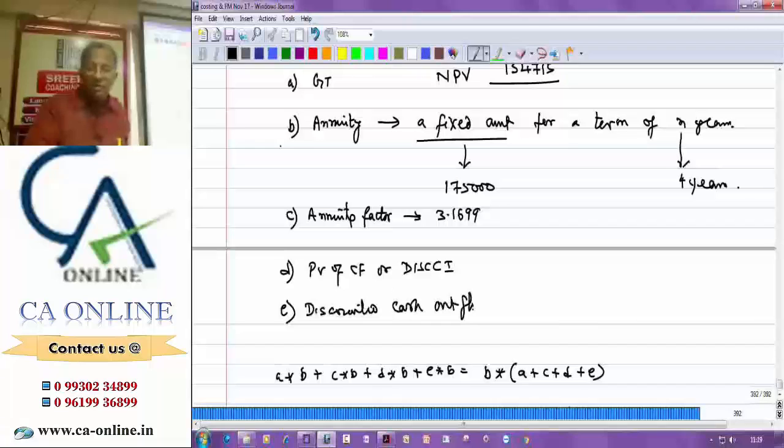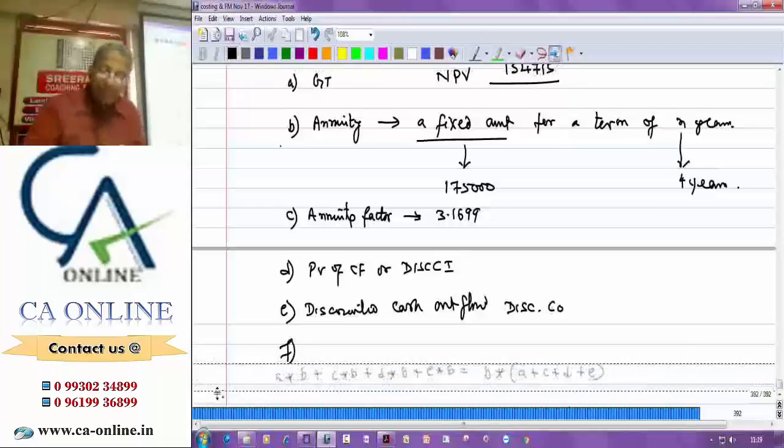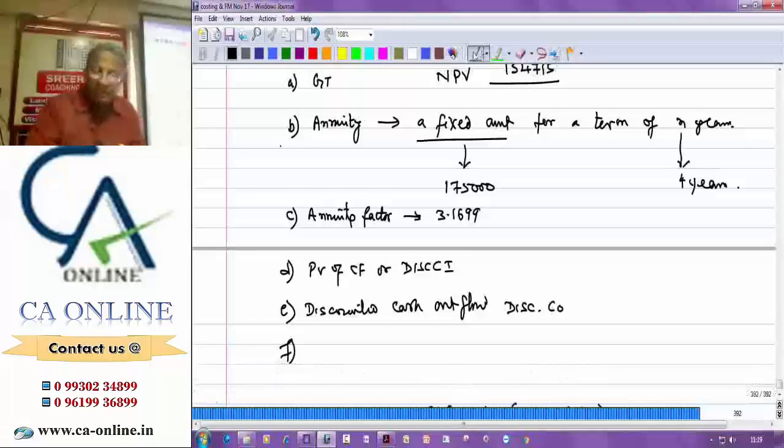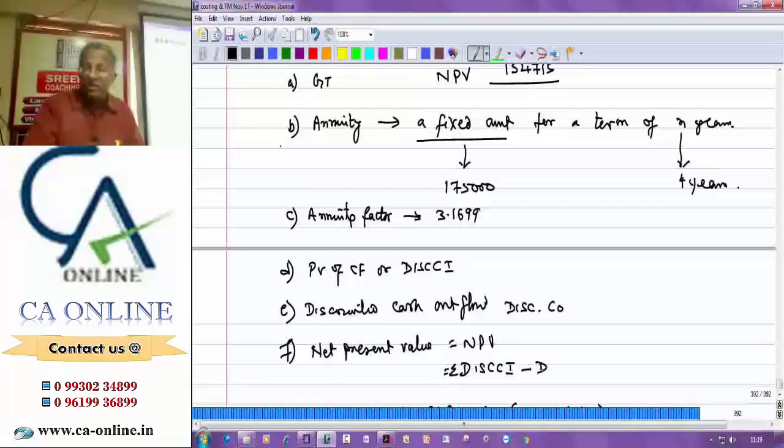Then, the next thing we have learned: NPV, net present value, which is equal to discounted cash inflow, sigma, minus discounted cash outflow.